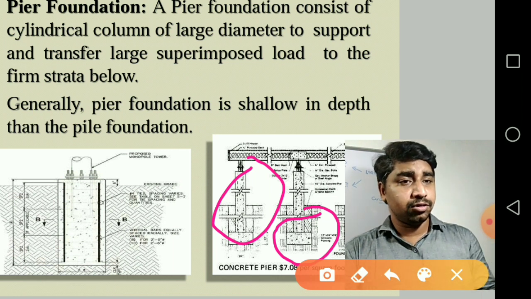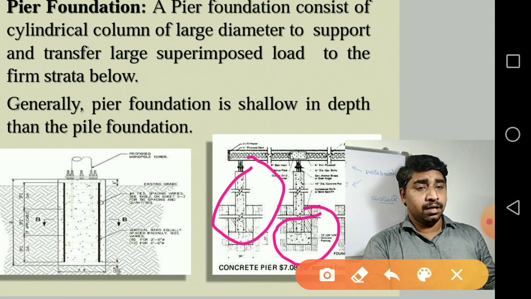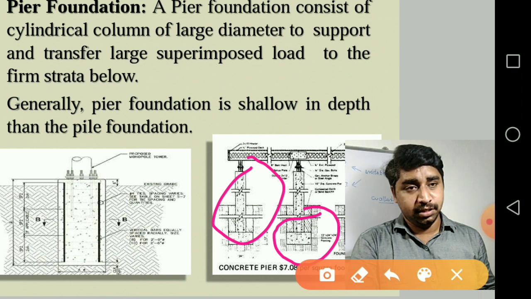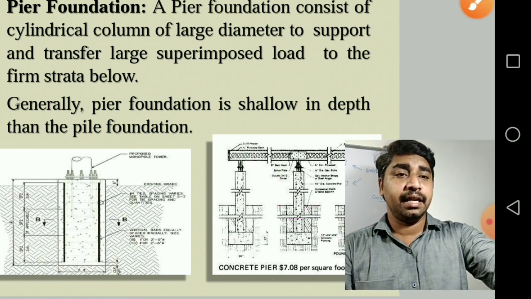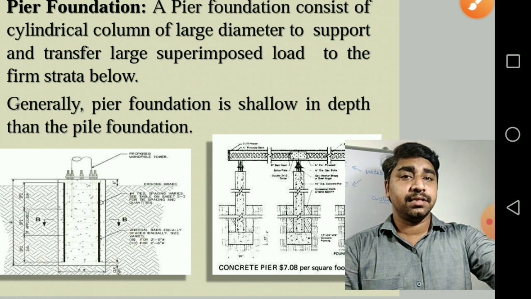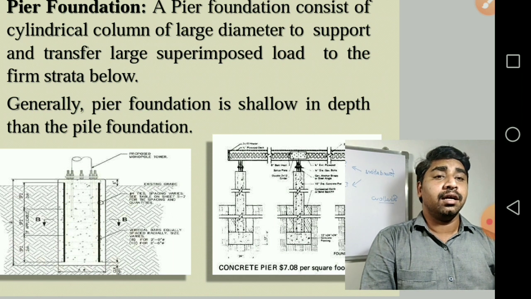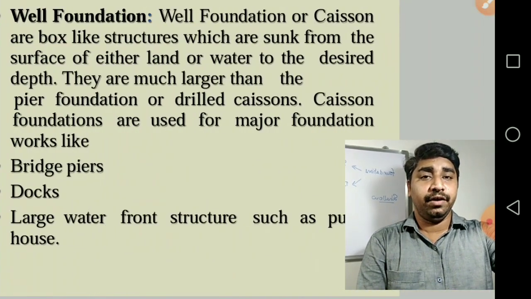But it will also be a deep foundation if the hard strata is available at a depth more than the shallow depth and not very large. In those cases we'll be using these pier foundations, mainly in case of dams, and in case of bridges we'll be using them for light, medium or small bridges.